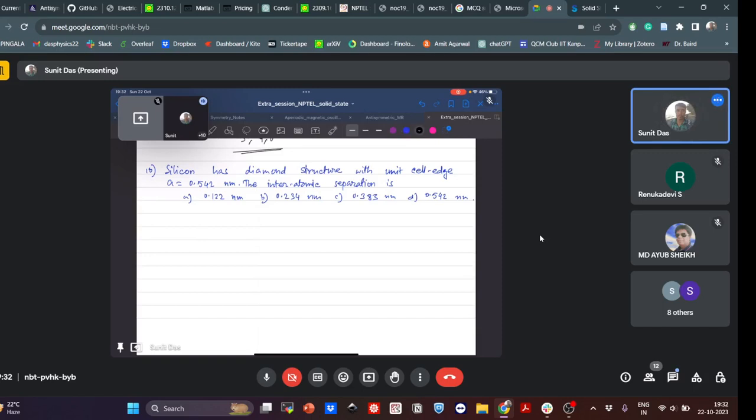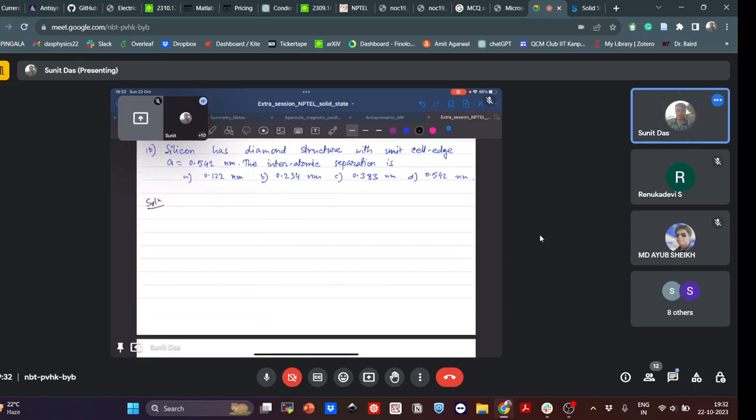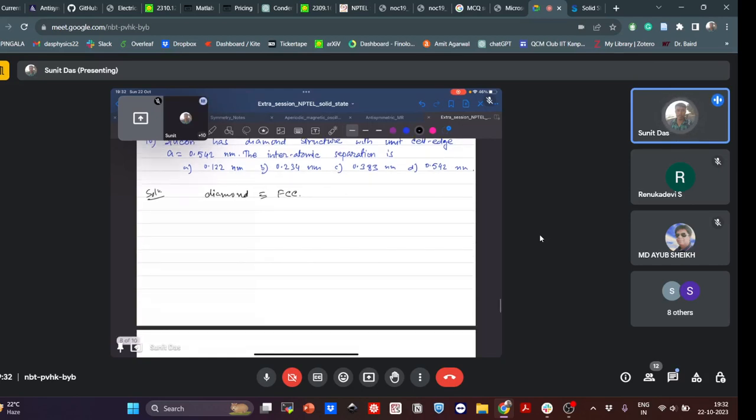Okay, so let me solve it. So diamond actually has FCC structure, okay, face centered cubic. Now for face centered cubic, if r is the radius of atoms, then 4r equal to the diagonal of a face, a root 2.